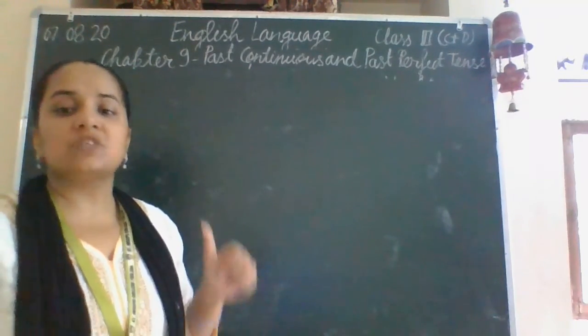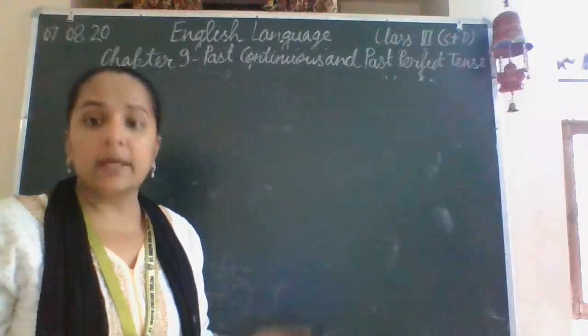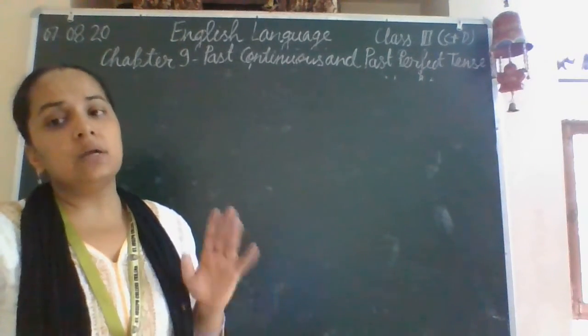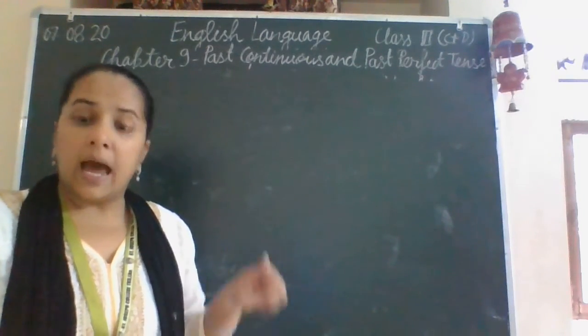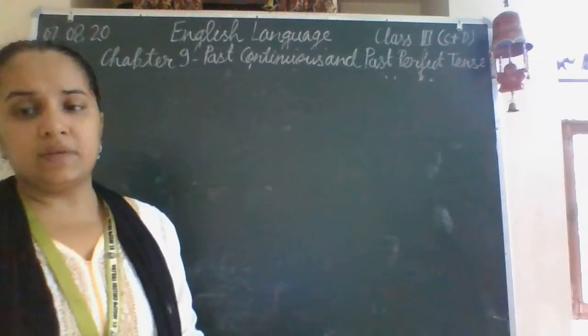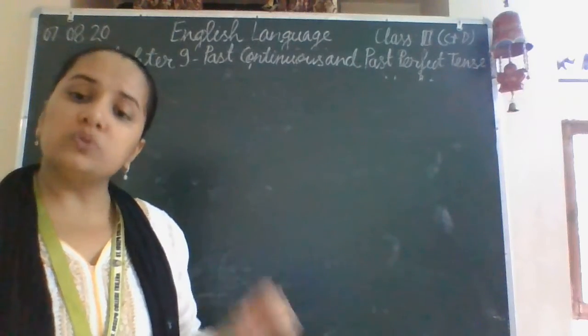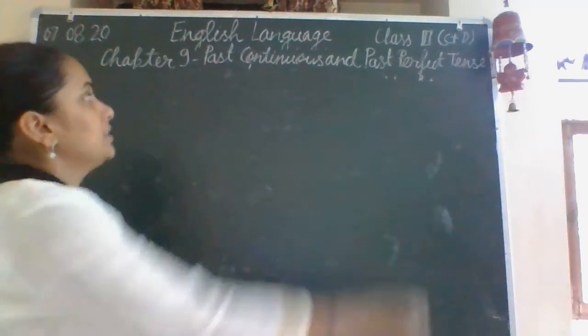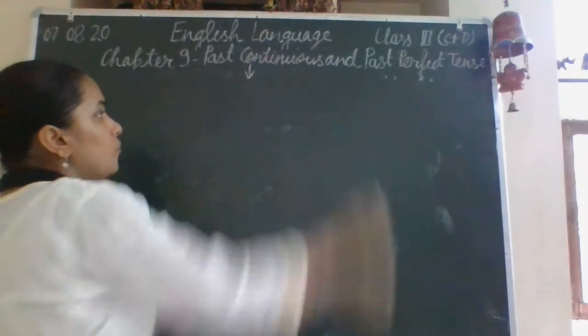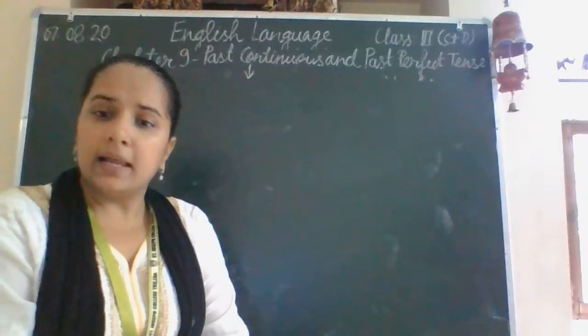The first one starts with the question word and the second one starts with the helping verb, which is the helping verb used in that particular tense. For example, here in the past continuous tense, we are using was and were as the helping verbs.